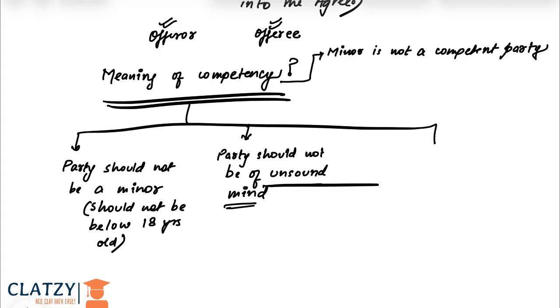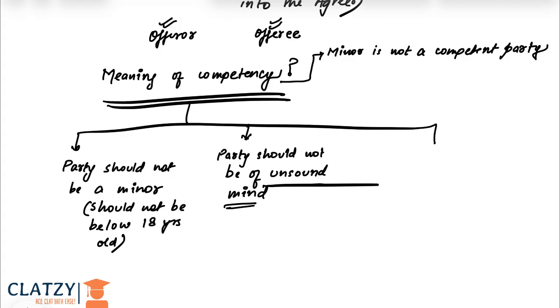Okay, when we discuss this unsound mind concept in detail, and when we cover criminal laws also, you will see that the meaning of unsoundness or insanity in law is different from how the medical science has defined it.